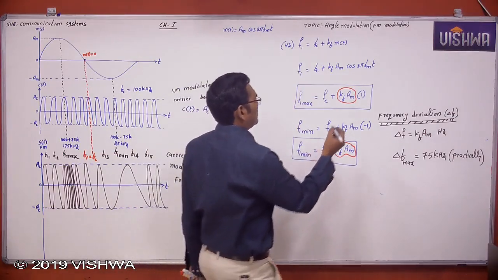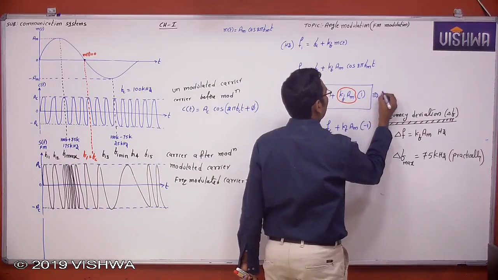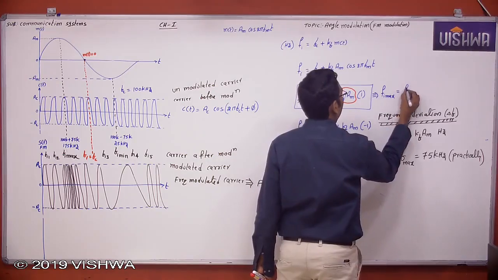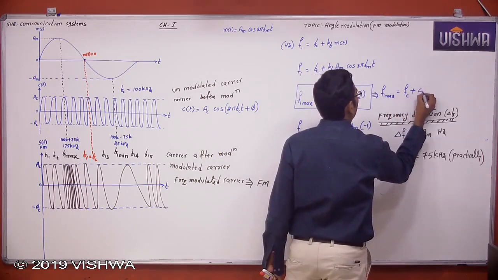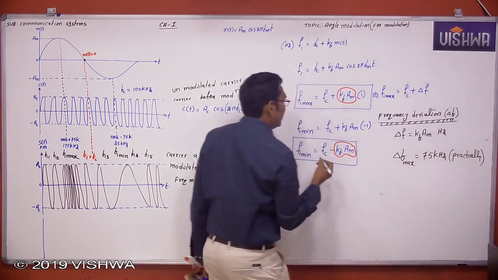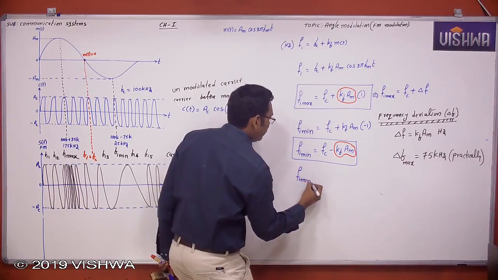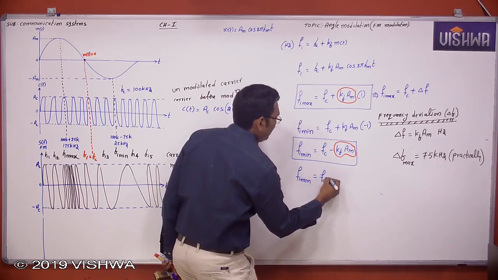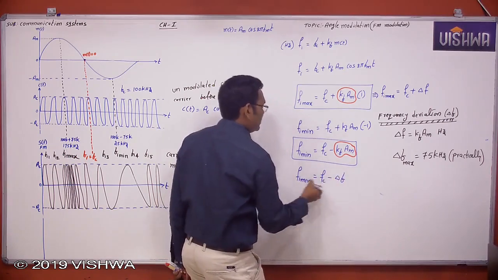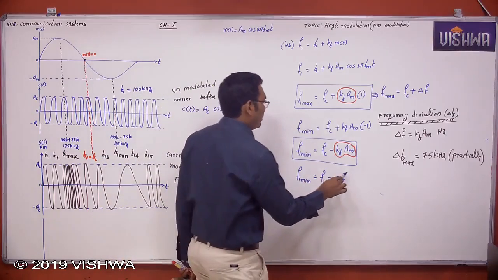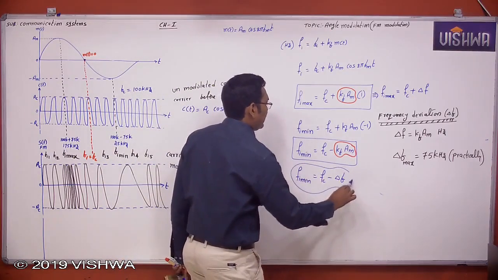So Fi maximum is Fc plus delta F, and Fi minimum is Fc minus delta F. This is the minimum instantaneous frequency of the carrier after FM modulation, and this is the maximum.